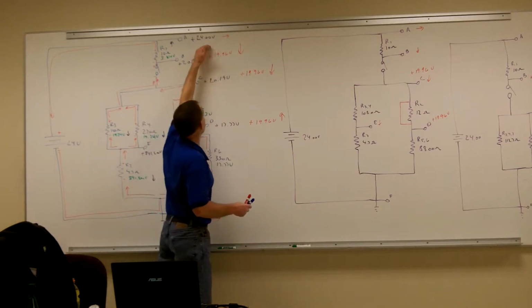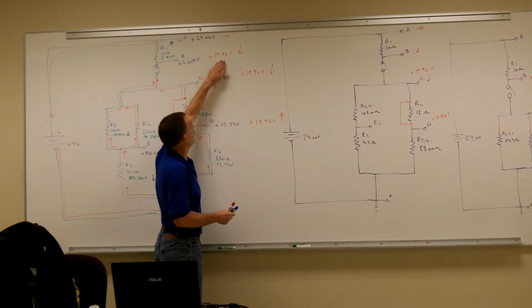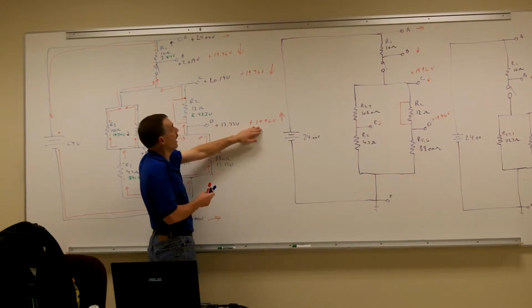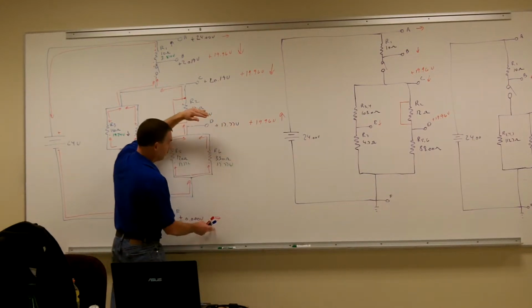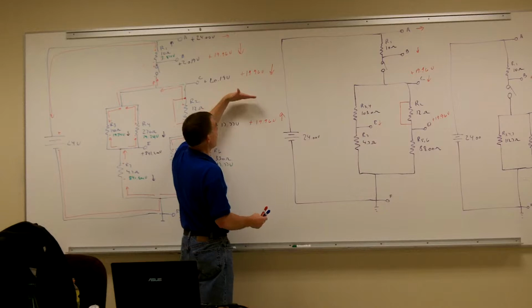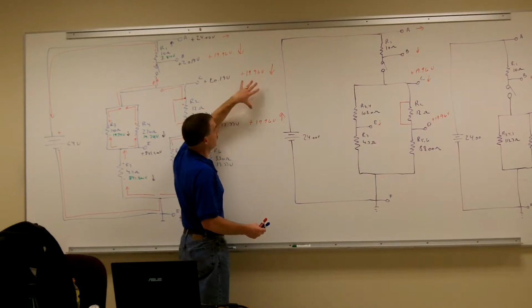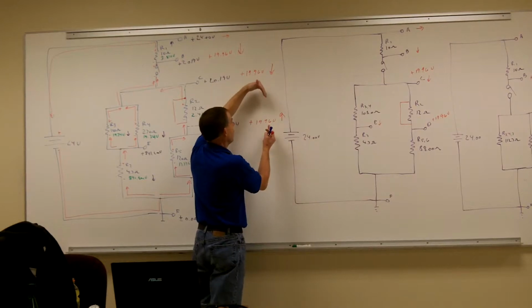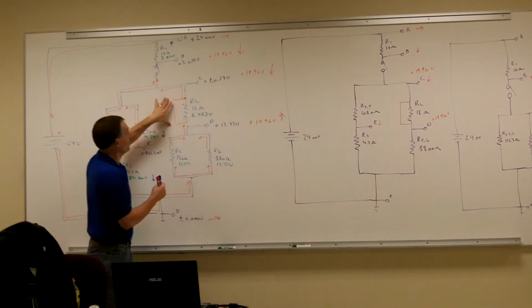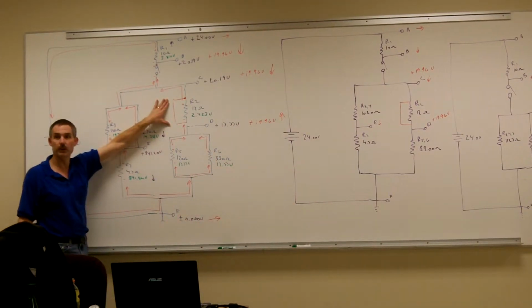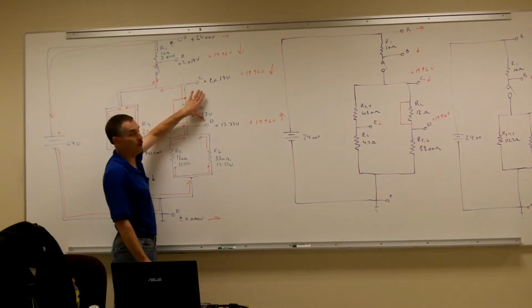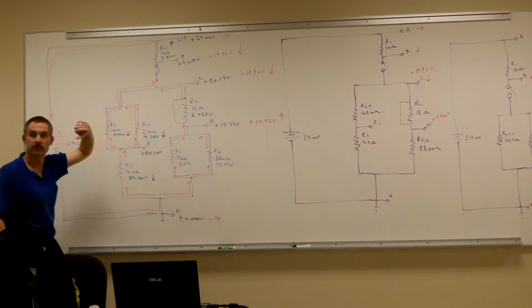I go and do the measurements, and I find that one went down, this one went down, this one went up, and this one remained the same. I can go back and ask, where did my arrows change directions? My arrows change directions and start facing each other at this point. So I know there's something wrong with R2. I still might not know what's wrong with R2, but I know that's where my problem is.